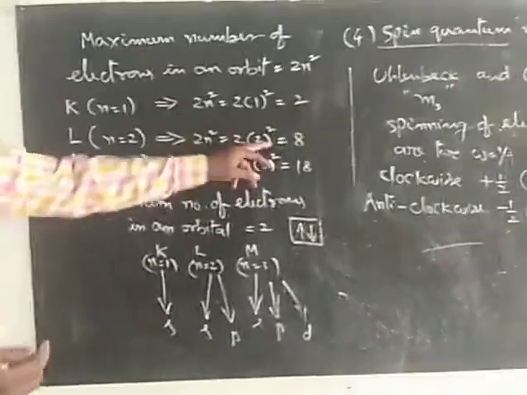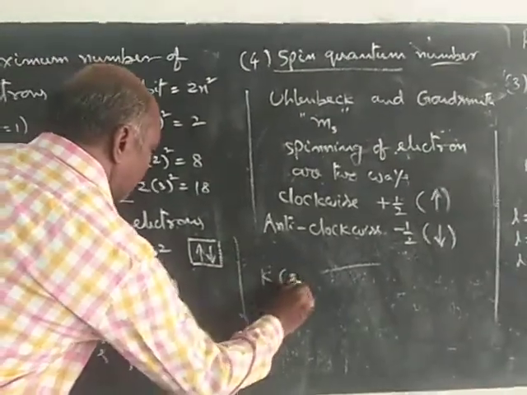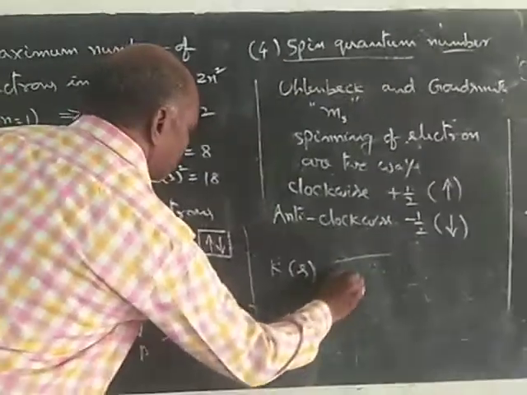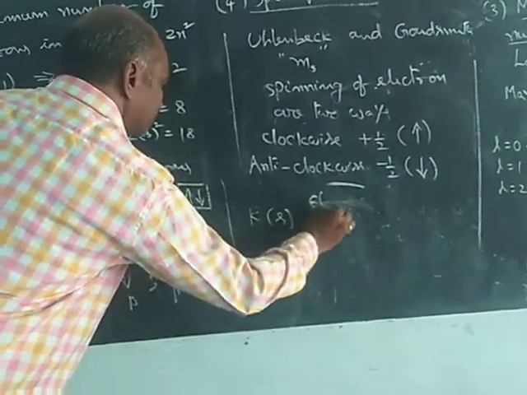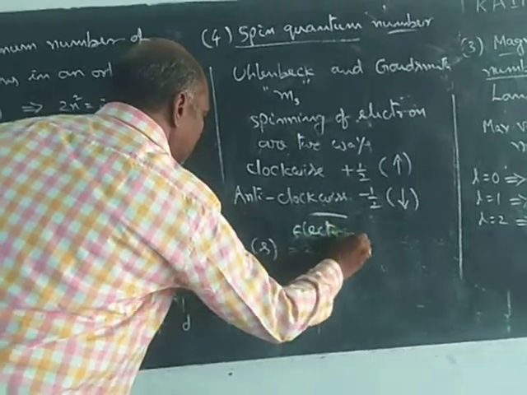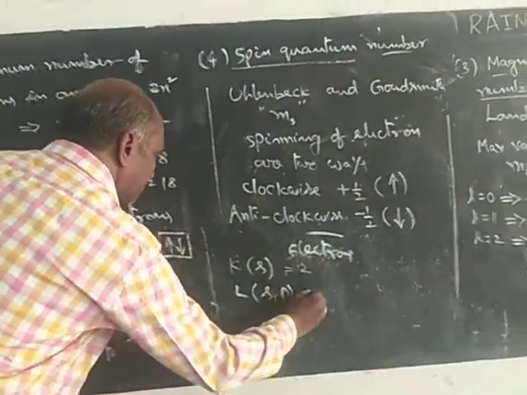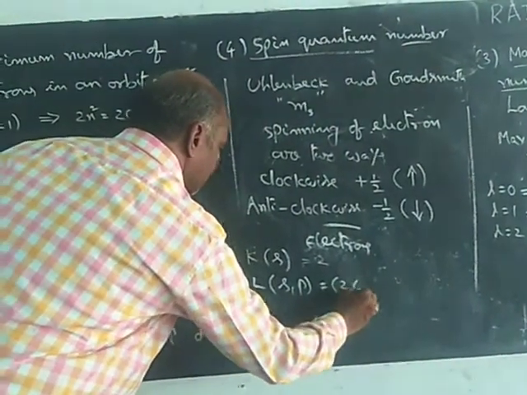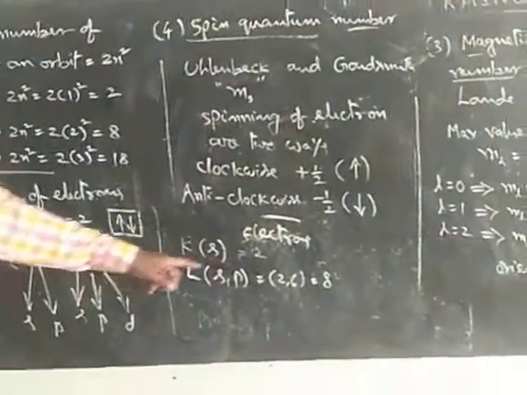In the L shell, s comma p, that is 2 comma 6, total 8 electrons. In the K shell, only the s orbital, that is 2 electrons.